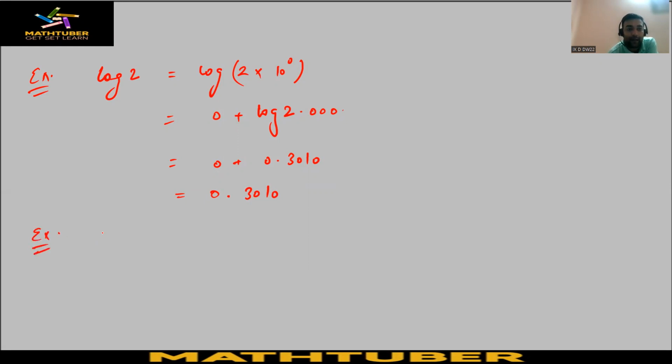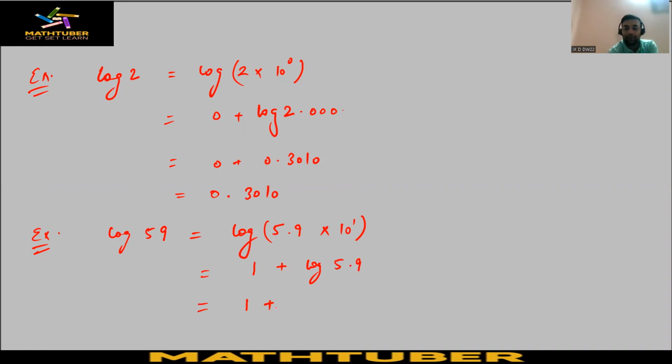Now the second example is, suppose we want to find out the log of 59. So log of 59, we have to convert it into standard form first. It can be written as 5.9 into 10 raised to power 1. So basically, if we simplify it, the characteristic becomes 1, and you have to find out the log of 5.9 here.